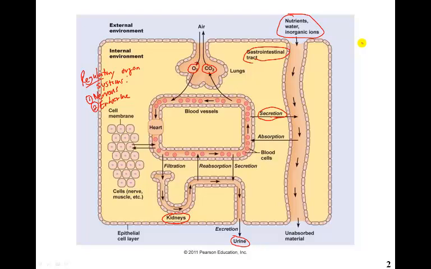So if you look in the body, everywhere where there's an interface between the external world, like say the intestine, and then interstitial fluid, that interface between external fluid and internal fluid, you find a special type of tissue, which is this lining tissue, and that is epithelia. Okay, you find it in the lungs, you find it lining the blood vessels, you find it in the kidney.